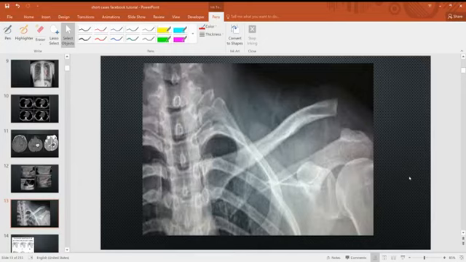No need to give the history for this patient. What are the findings? Take 10 to 20 seconds for the diagnosis in this patient.